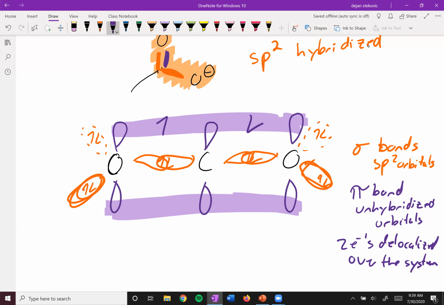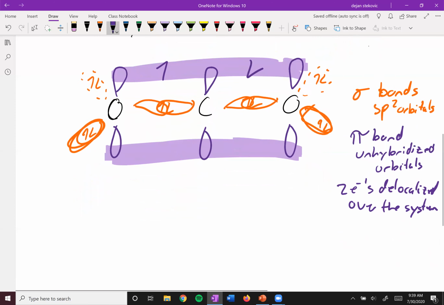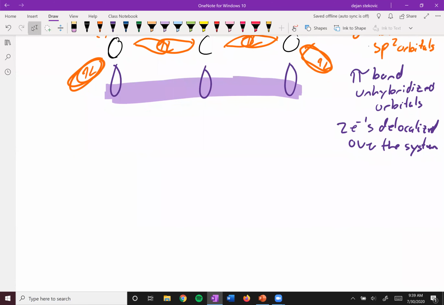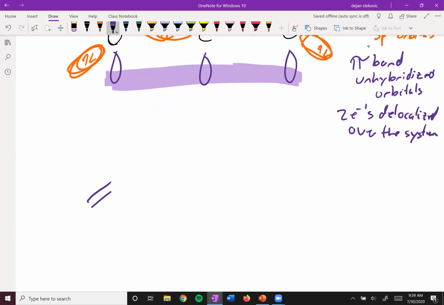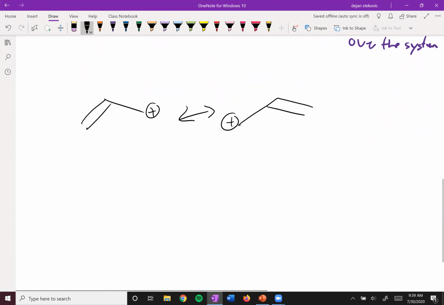And so the real structure is not really what it looks like when we're drawing these skeletal structures. Another example is the allyl cation. So we have a double bond and then another carbon with a positive charge. We can draw a resonance structure where the positive charge is now on the opposite side. And the same thing is happening here, right? We have carbon, carbon, carbon.